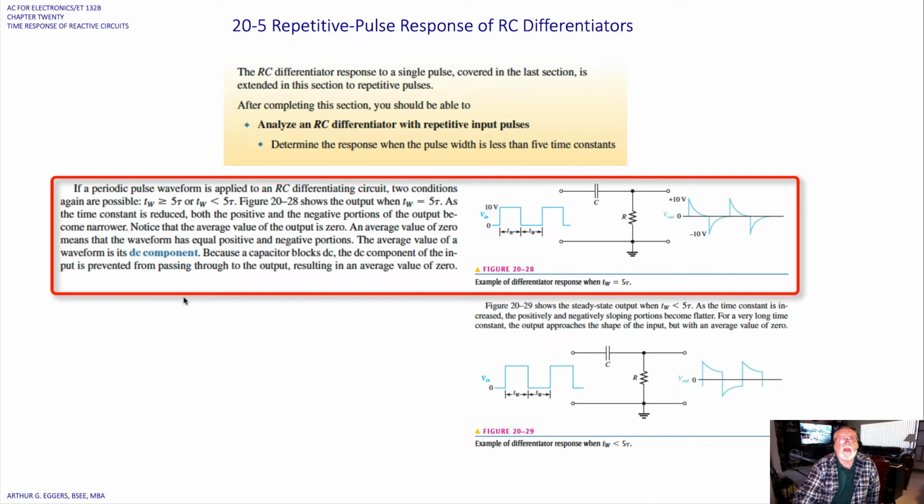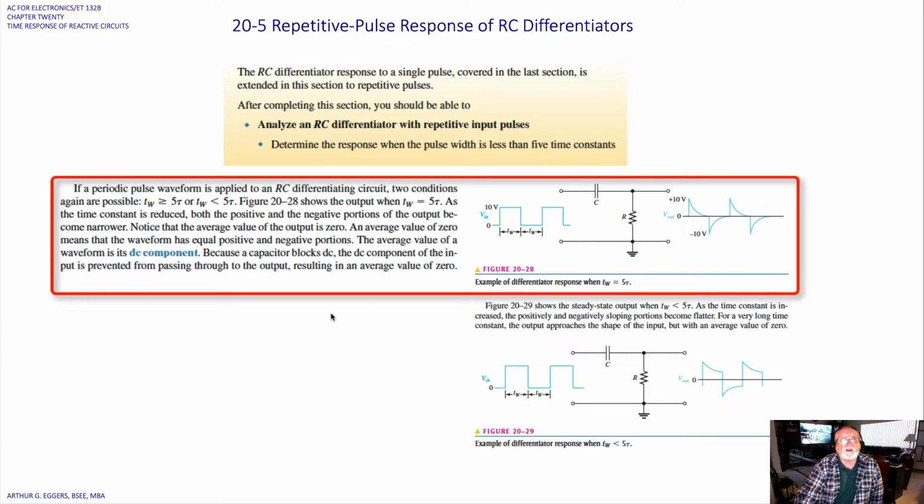Notice that the average value of the output is 0. An average value of 0 means that the waveform has equal positive and negative portions, and this makes sense with what we've seen before with sinusoids. If they're equal, positive and negative, the average is 0.